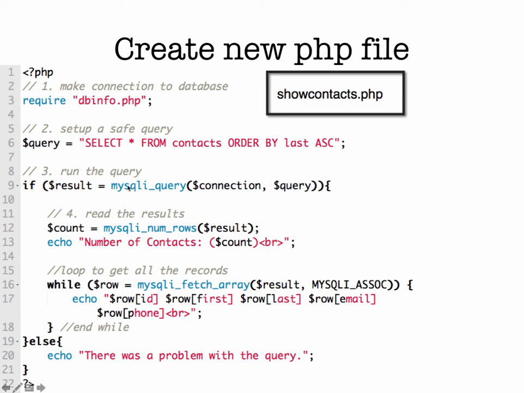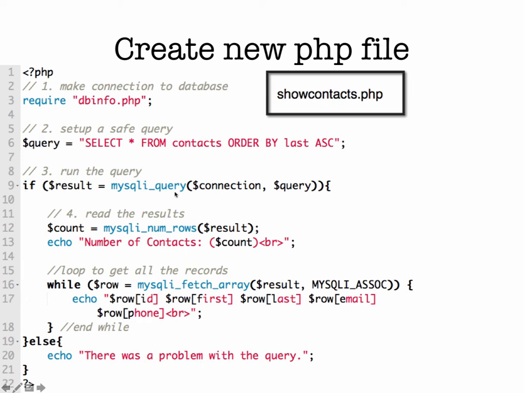This will make the connection to the database, execute the query, and then take the result of what was executed and store it in result. If there's a problem and it's unable to make the connection and execute the query, then this would be false, and it comes down here and runs the else part to say there was a problem with the query.